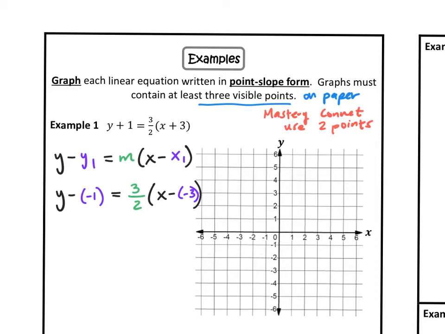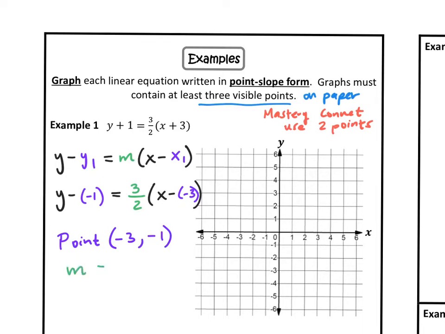Okay, so I'm going to put here that our point is going to be x1 is negative 3, comma, y1 is negative 1, and our slope we could put it as m.